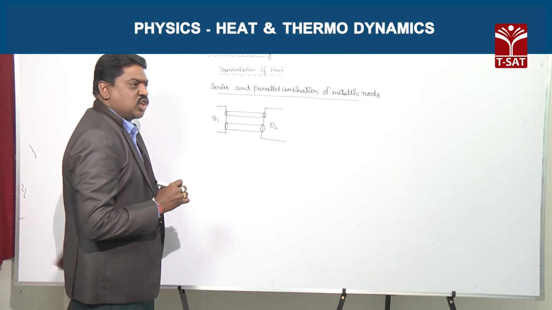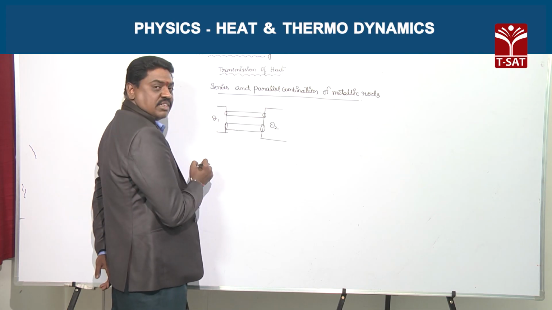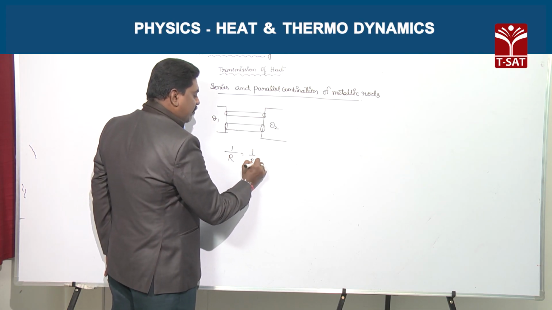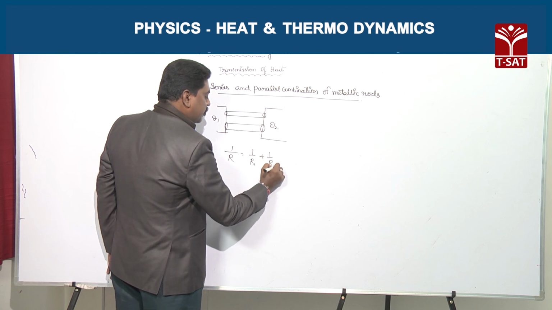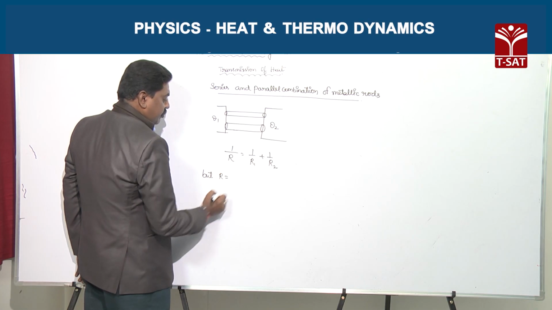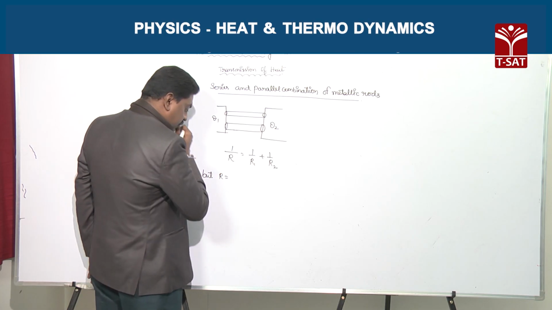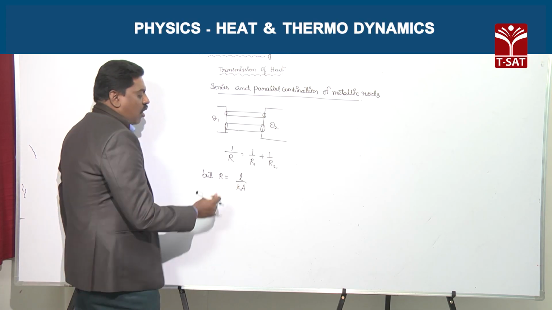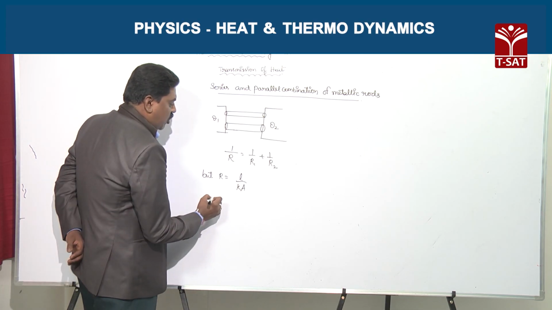In the parallel combination of rods, the effective resistance is given as 1 by R equals 1 by R1 plus 1 by R2. But R equals L by KA.